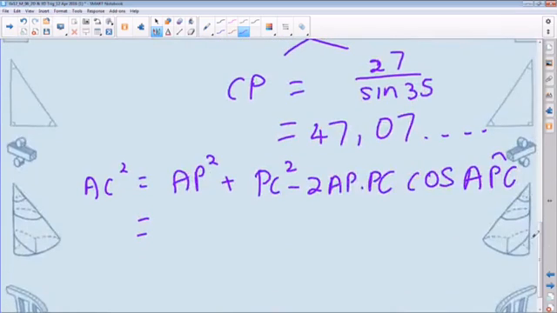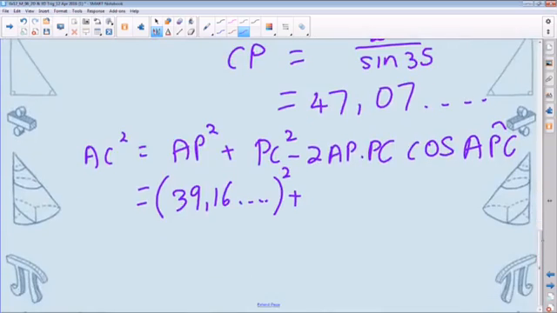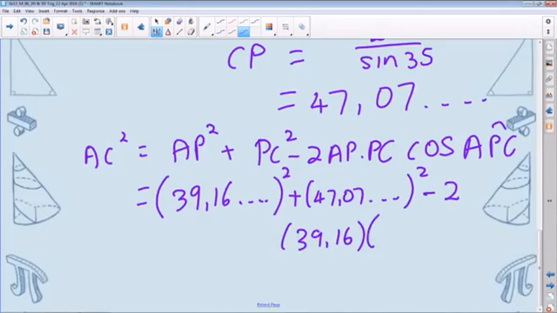I'll put the whole thing in. So it's going to be 39,16 squared plus PC squared, which is 47,07 squared, minus 2, and I'm going to continue underneath. 39,16 times 47,07. Again, those continue, and then cos of your included angle, and the angle there was 95.